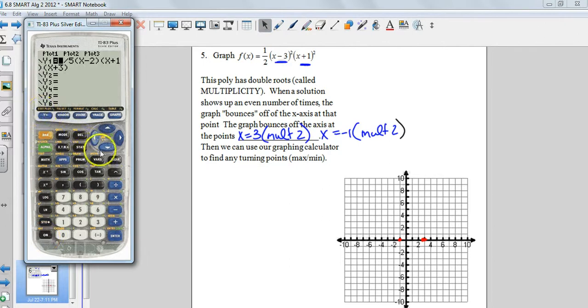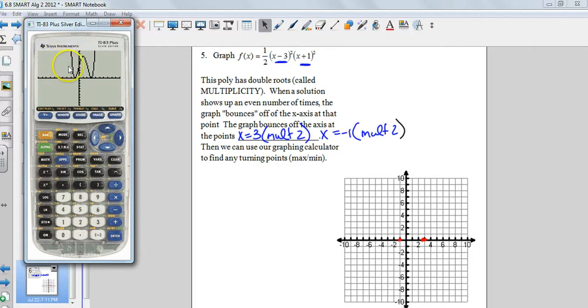So back to y equals, type in your new function, 1/2 quantity (x minus 3), close the parenthesis and then square it, and then quantity (x plus 1), close the parenthesis and then square it, and you're going to see that surely enough it bounces off at x equals -1 and x equals 3.